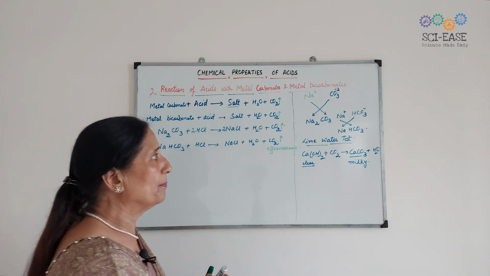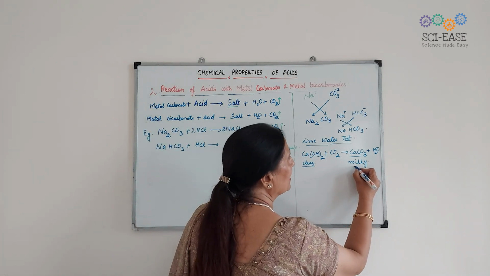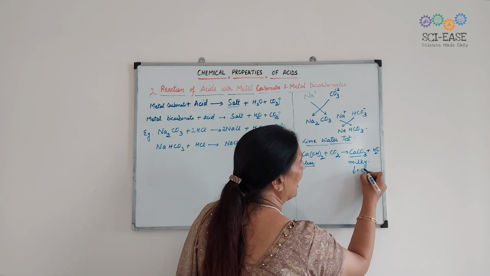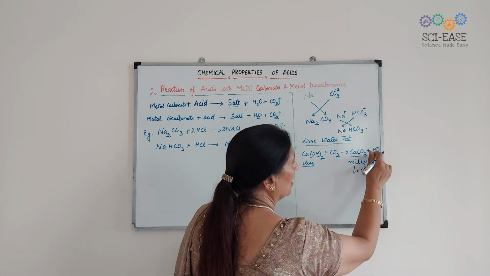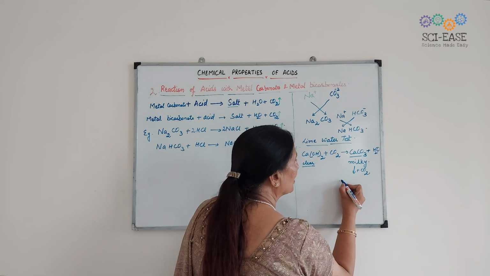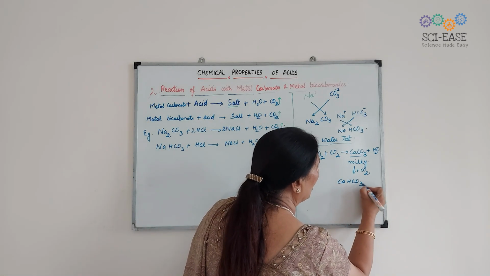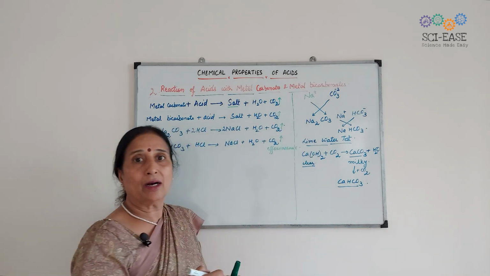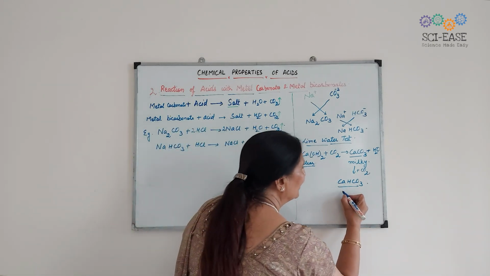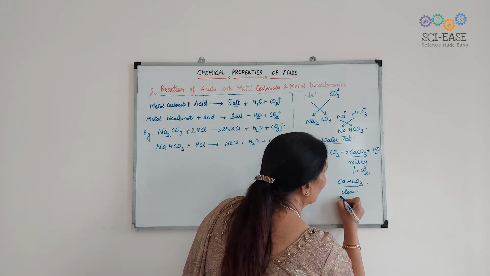If we go on passing this carbon dioxide gas to this milky solution, what will be the result? The result is the formation of calcium hydrogen carbonate or calcium bicarbonate, which is again a clear solution or a colorless solution.